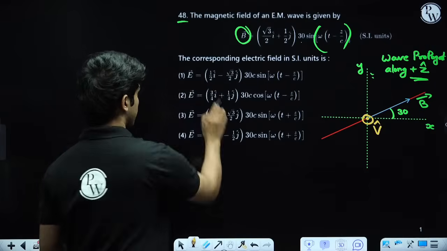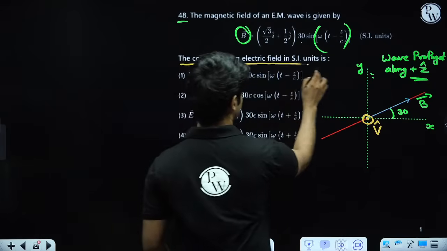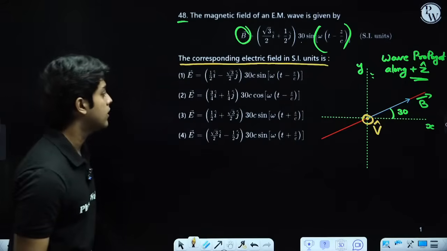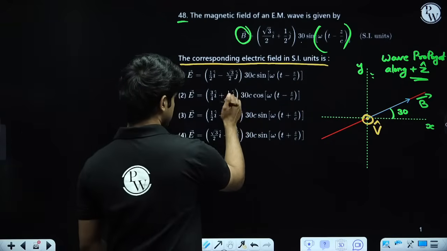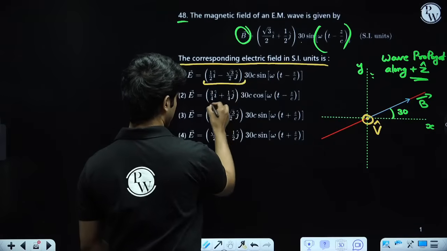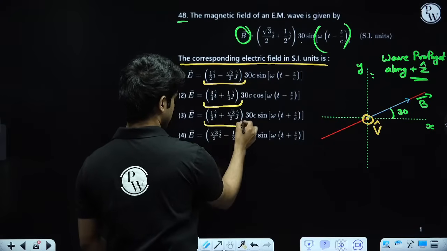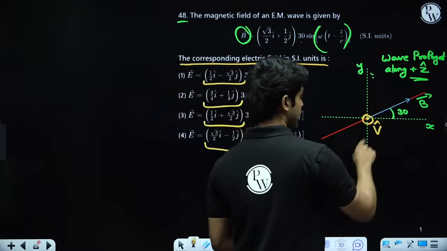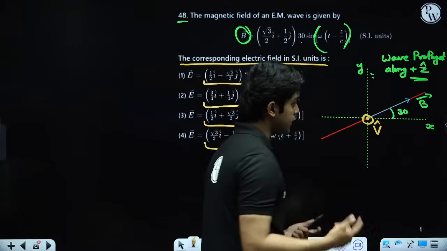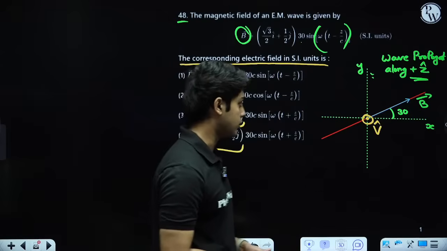Now the question is, what is the direction and magnitude of the electric field? First we'll talk about the direction of the field. E, B and V are all perpendicular to each other.